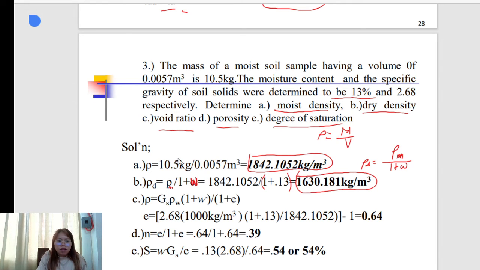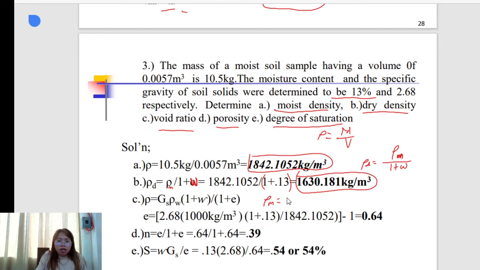the void ratio can be determined using the equation of the moist density, which is equal to this one actually. Or what was written earlier, he expressed it.